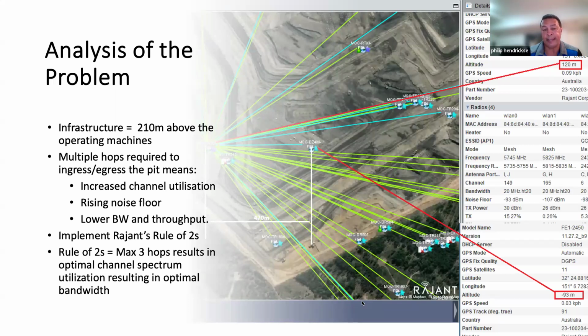The total distance from the trailer to the dozer is around 470 meters. If you add 93 and 120, it's about 210 meters, which goes back to counting all the benches before. You can see straight away that the angle of elevation is going to be a lot more than minus 13 degrees from the trailer, and minus 15 degrees from the trailer to the dozer.